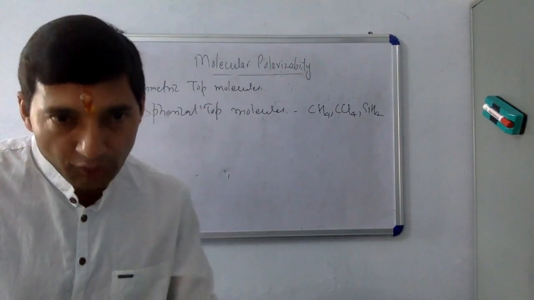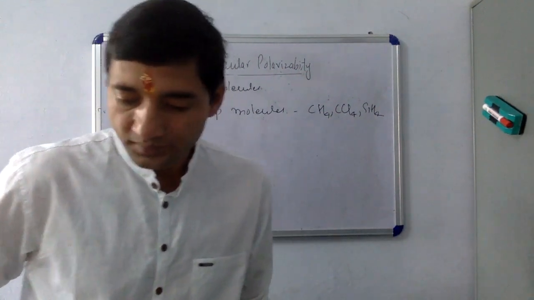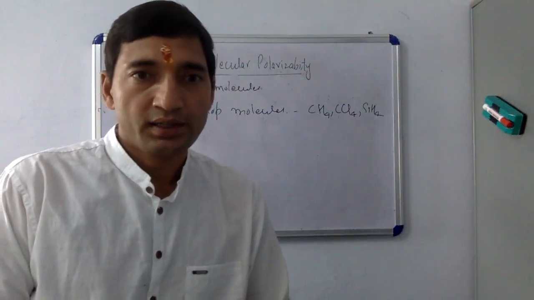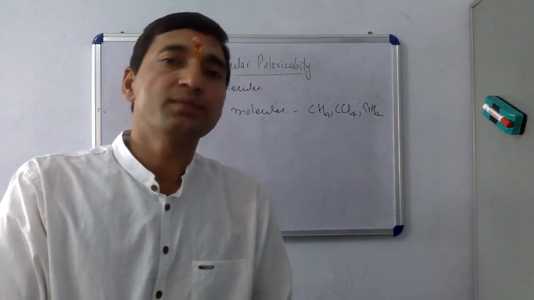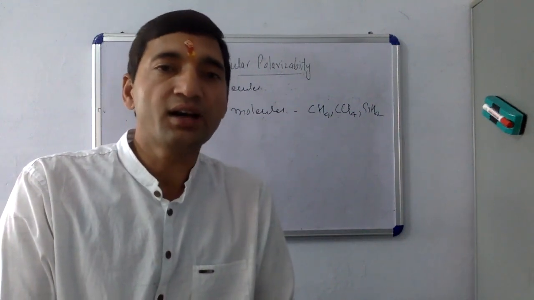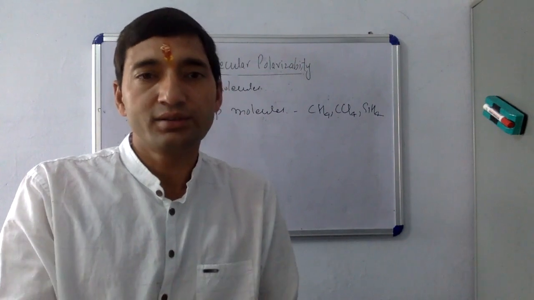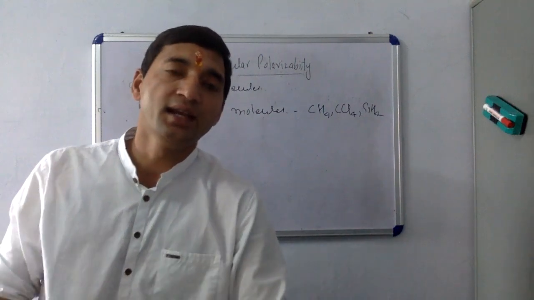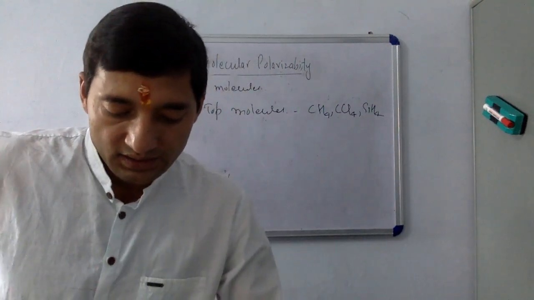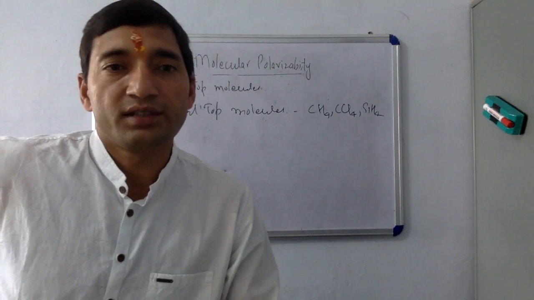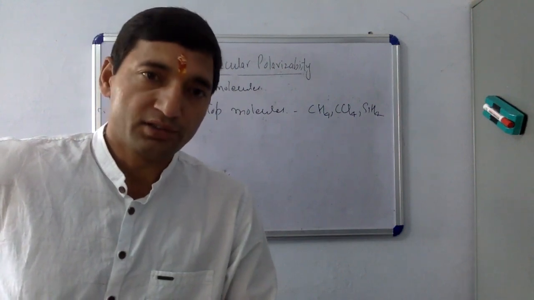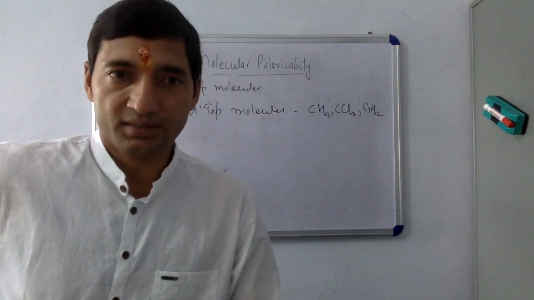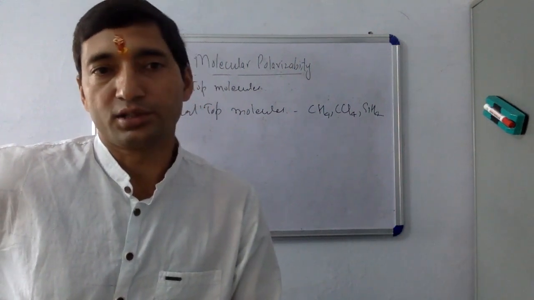So now we are in a position to discuss the Raman spectra of the various types of molecules. Once we understand how the polarizability ellipse is changing and how the dipole moment is induced, only then can we study the Raman effect. Now we are in a position to discuss the rotational Raman spectra for the linear molecules and the symmetric top molecules, and we will see why it is not feasible for spherically symmetric molecules.